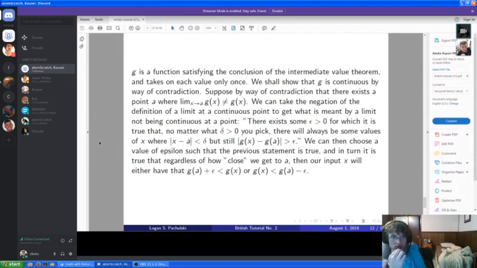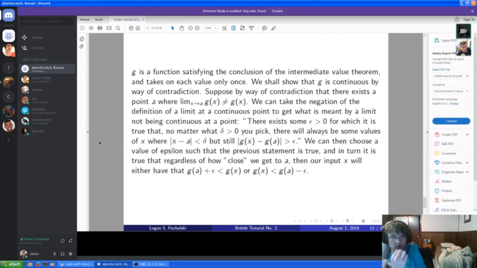And I'm going to quote Christian's fine work here. End quote. There exists some epsilon greater than 0, for which it is true that no matter what delta you pick, there will always be some values of x where the absolute value of x minus a is less than delta, but still the absolute value of g of x minus g of a is greater than epsilon.